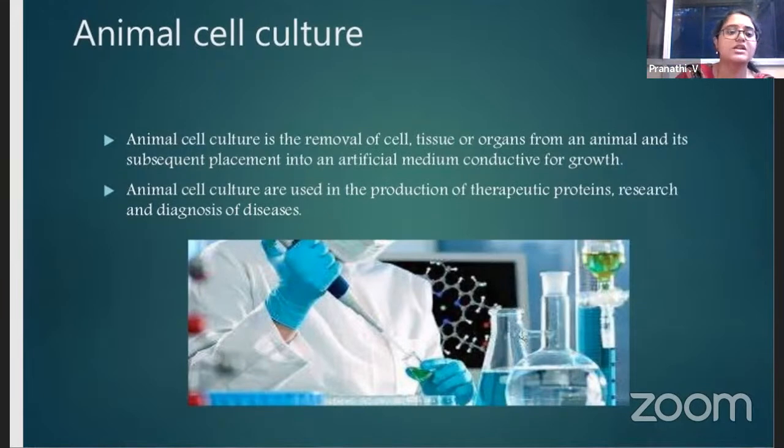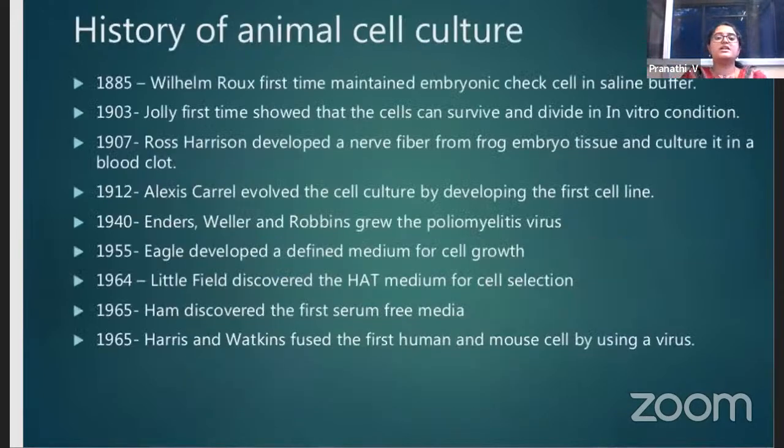So when it comes to the basic history of animal cell culture, it was first embryonic chick egg cells that were placed in saline. This was buffered by 1903, Jolly was one person who had these cells, and he showed that they can survive and divide in lab conditions.